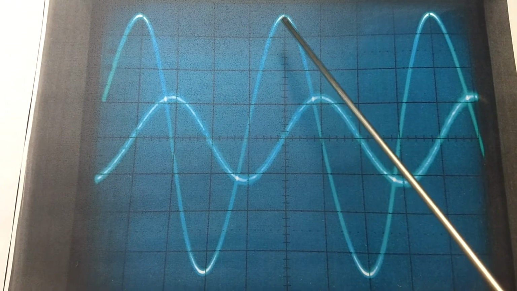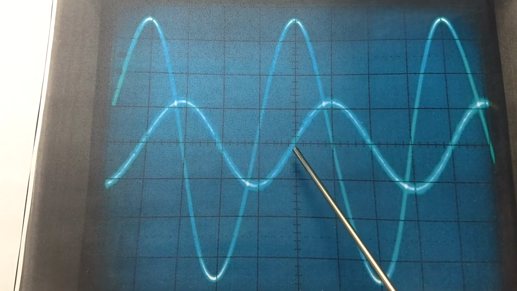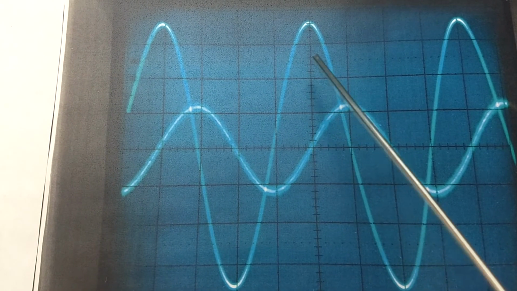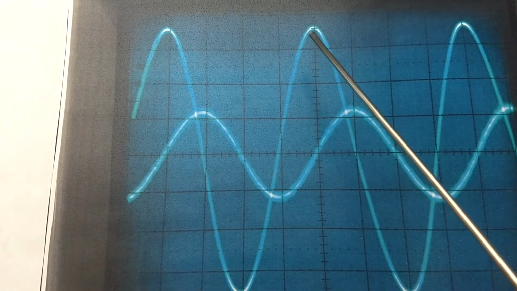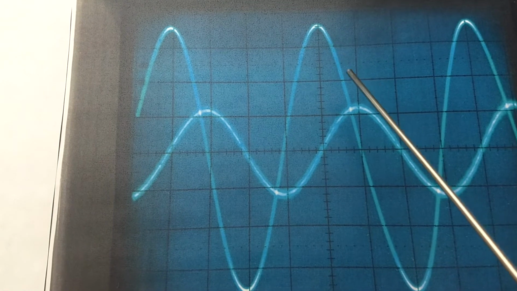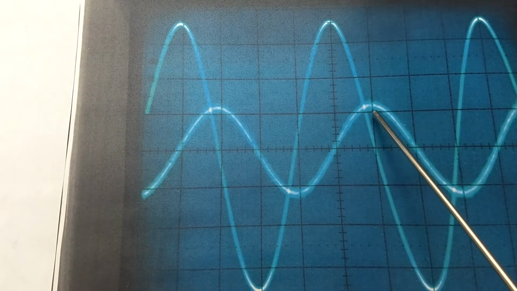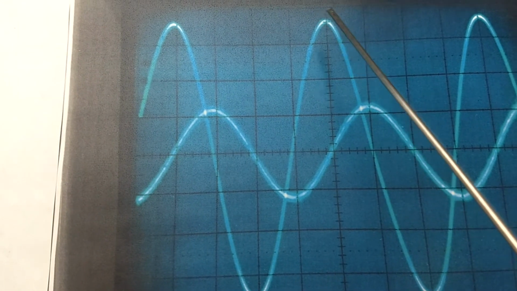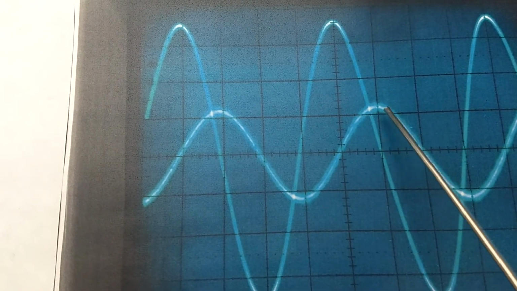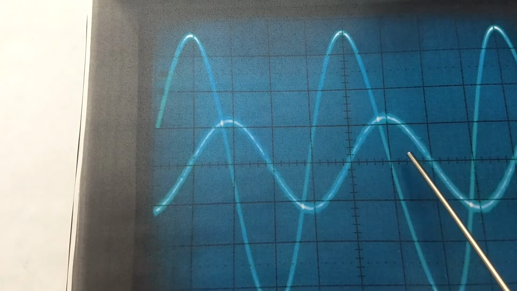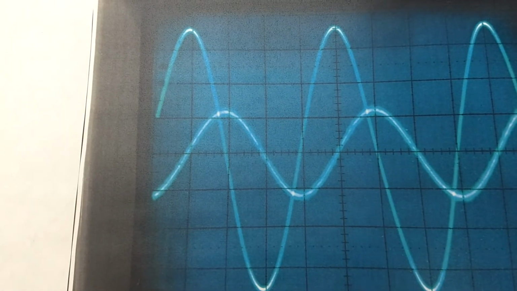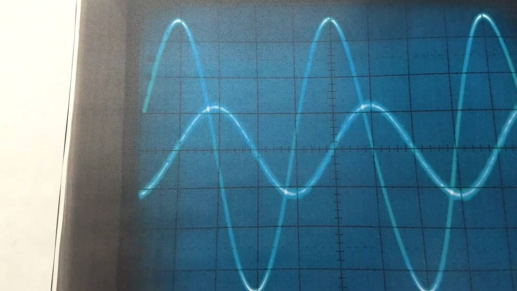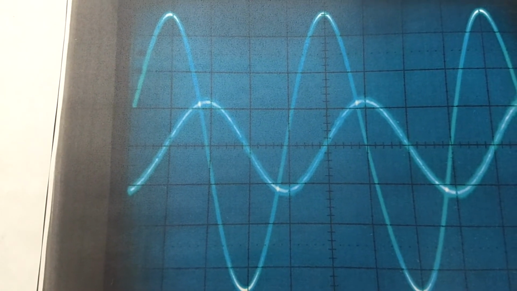When the voltage is at its peak, the current is crossing zero. So the voltage reaches its peak before the current does. So the terminology for that is the voltage is leading the current, and the shift is exactly 90 degrees regardless of the value of the inductor or the frequency. That shift is always the same.